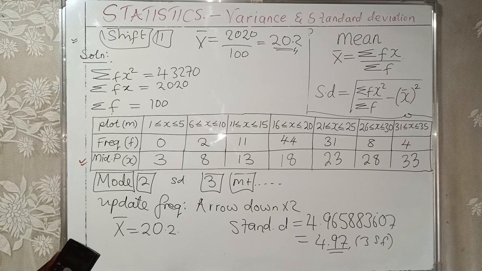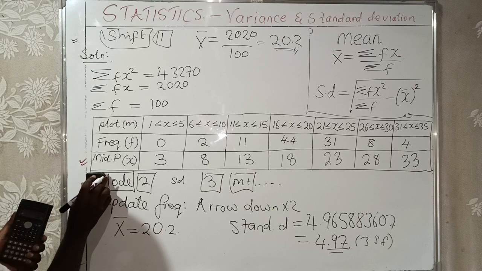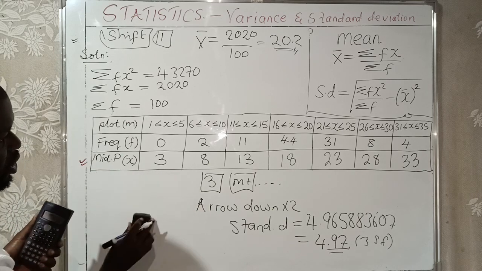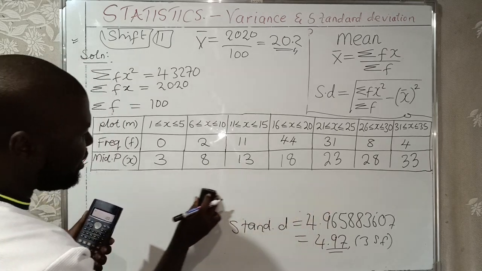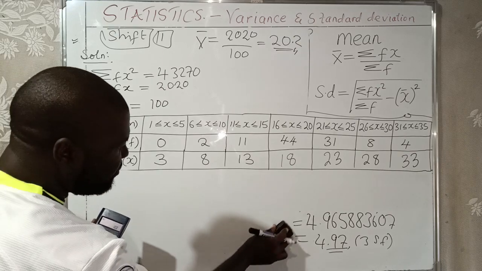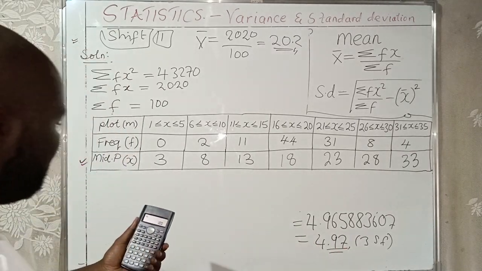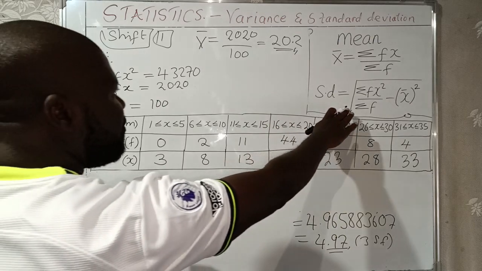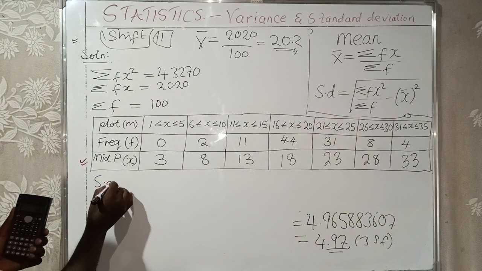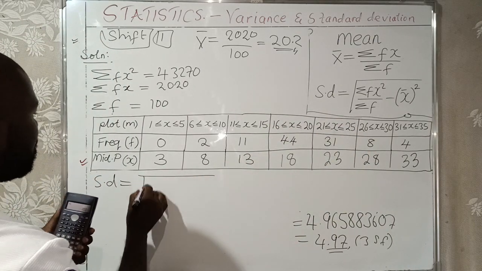Now, suppose you want to show how come your standard deviation is 4.97. You have your formula there, so you say SD is equal to.